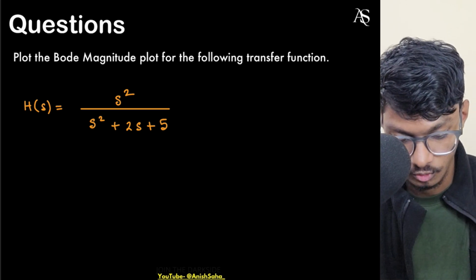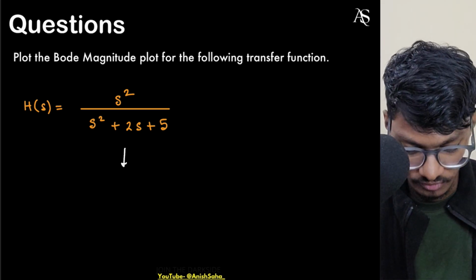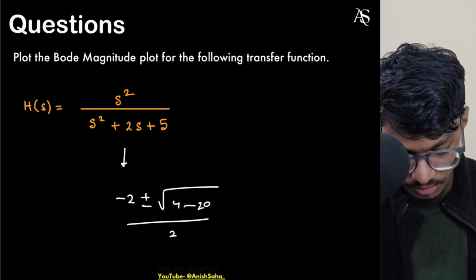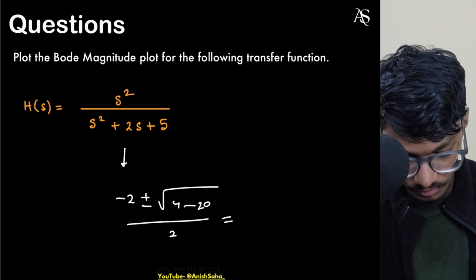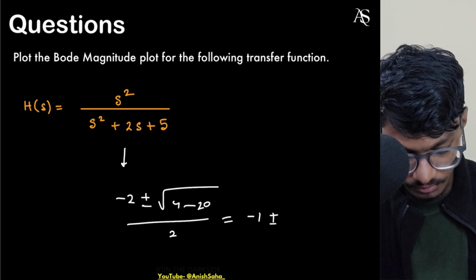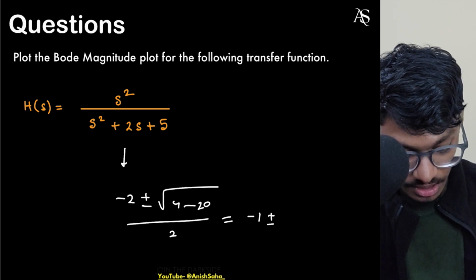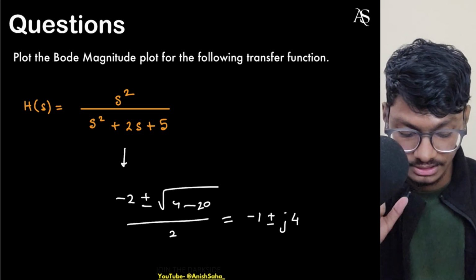So if you just find the poles here, just simply use the Sridharacharya formula. This will be minus 2 plus minus square root of 4 minus 20, by 2a, which is minus 1 plus minus j4. Okay, so here these are complex poles.